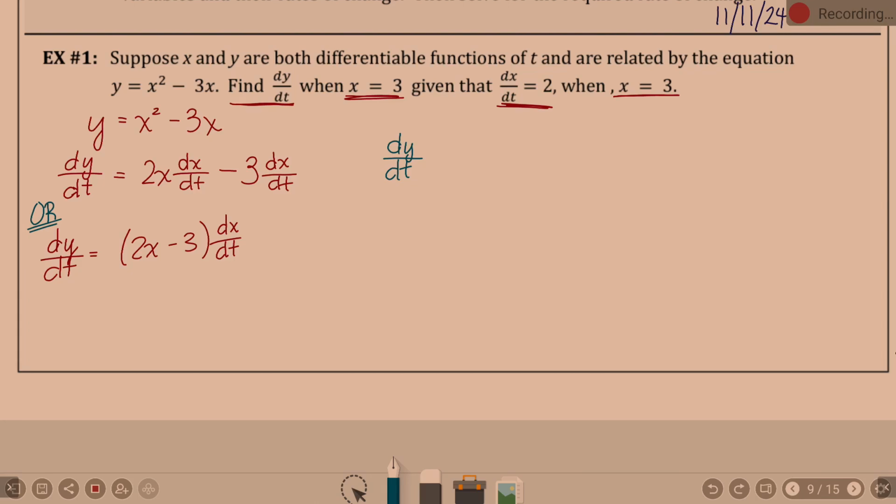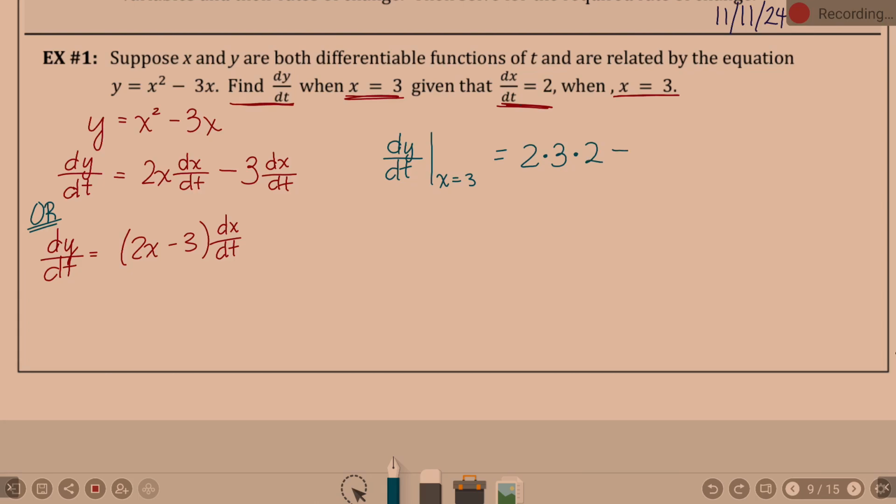I'm going to use the evaluation bar and say when x equals 3, because that is what they asked me to do. Find dy/dt when x equals 3. Plug it all in. Are you using the first one or the second one? First. Okay. So 2x dx/dt. 2 times what is x? 3. 3 times what is dx/dt? 2.